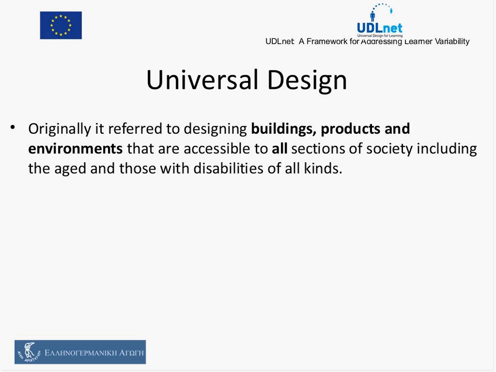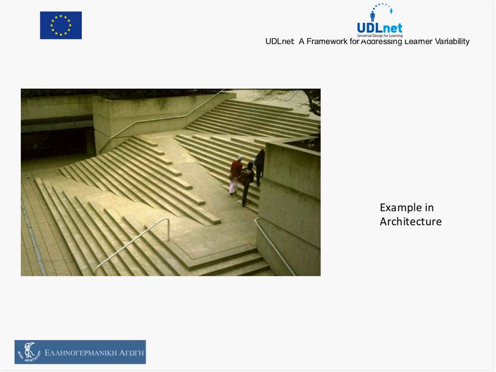So universal design was originally referring to designing buildings, products, and environments accessible to all sections of society, the aged and those with disabilities of all kinds. So this is an example of architecture. You can see a building and the stairs, and how we can apply universal design.